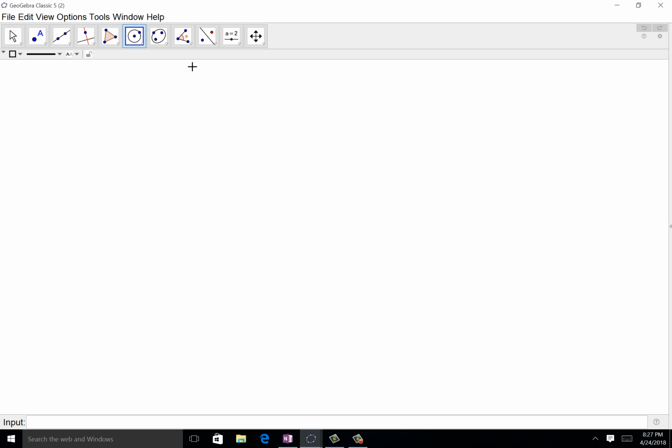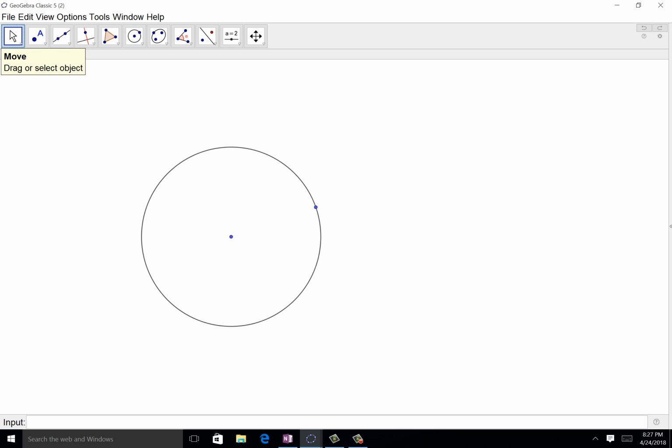Circle. There it is. This time we're going to look at one other line that goes through, and we want it to be a line that touches a circle in just one point. So if we put a point on the circle, and I'm staying away from this point over here because that changes the size of the circle, and I don't want to mess with that.